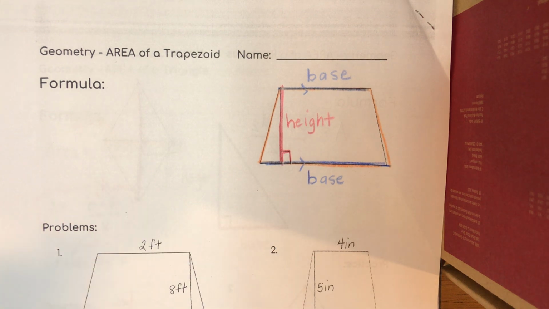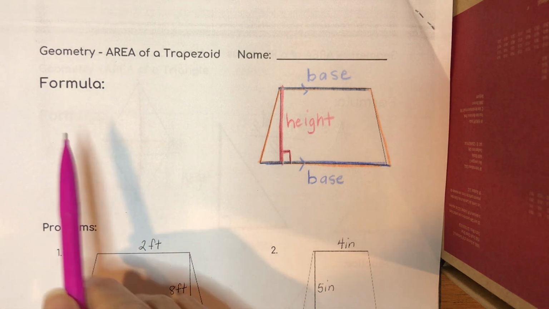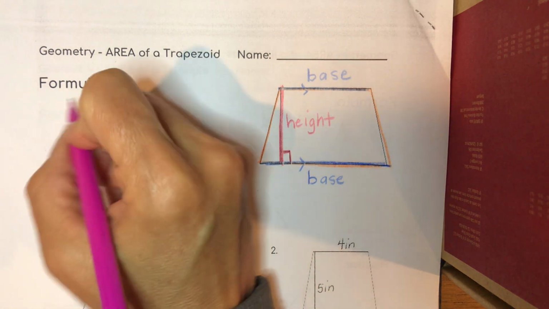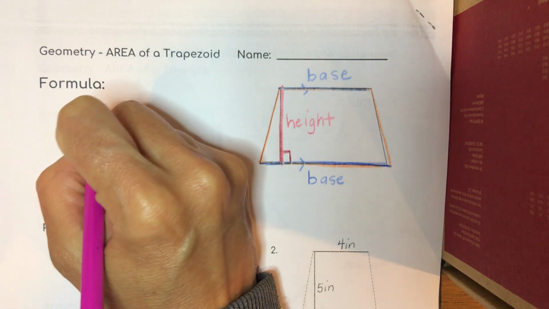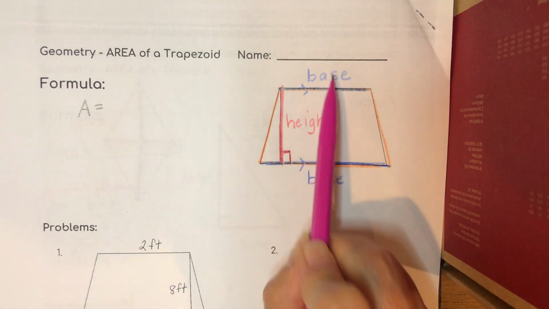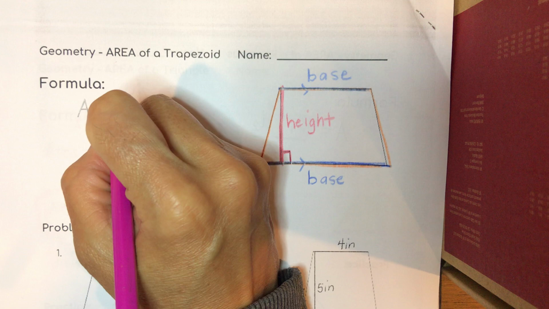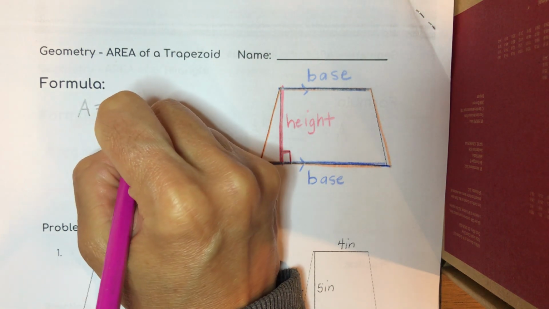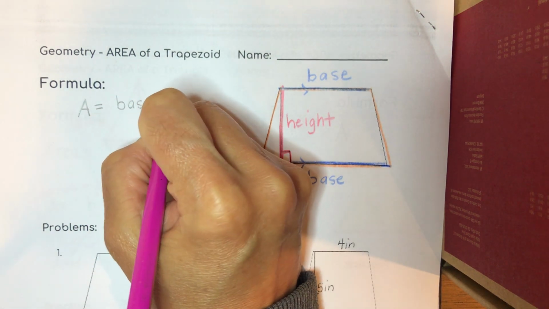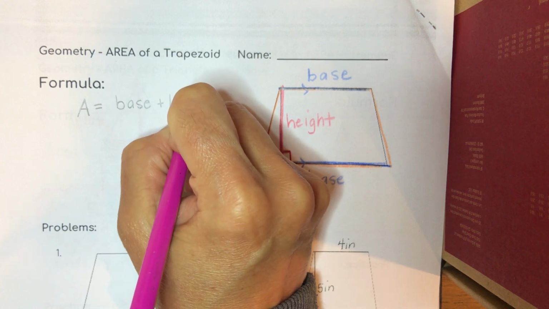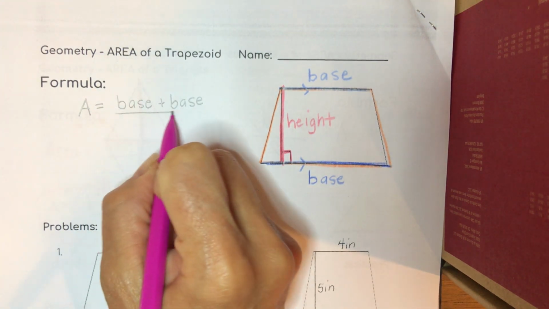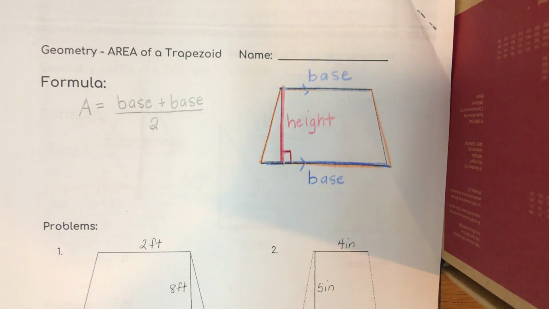So let's talk about the formula of an area of a trapezoid. In order to find out the area, we need to know both of our bases. So we need to take our base plus the other base, and we have to divide by 2. We also have to multiply it by the height.